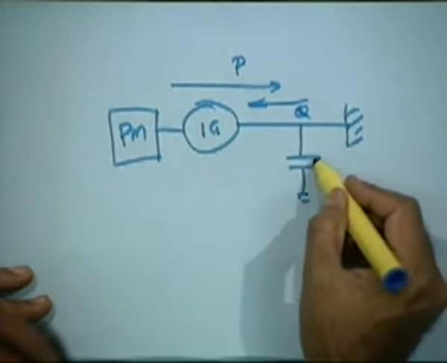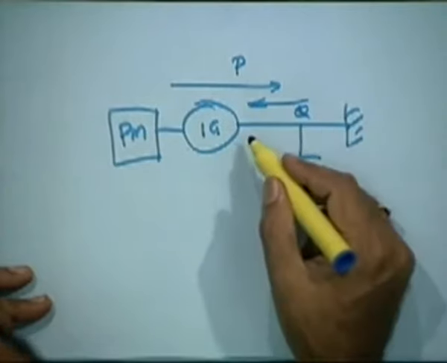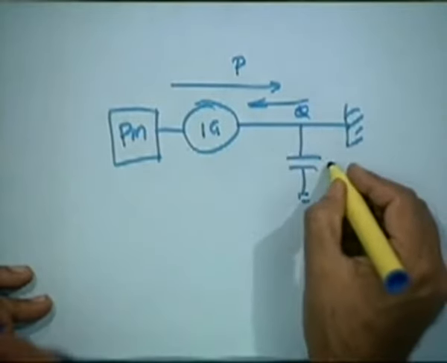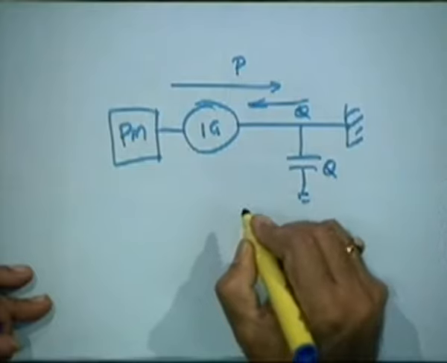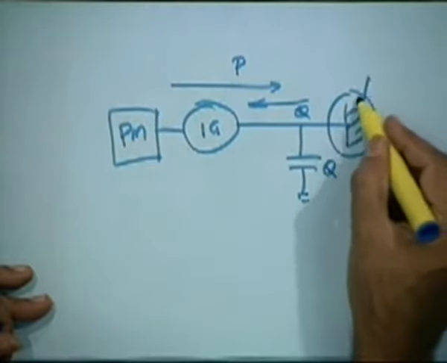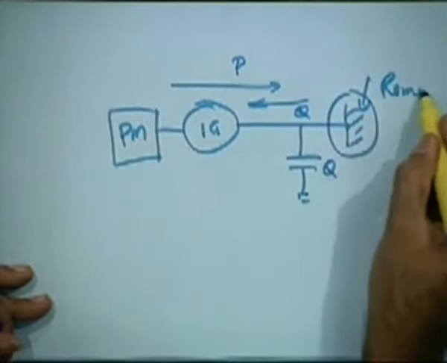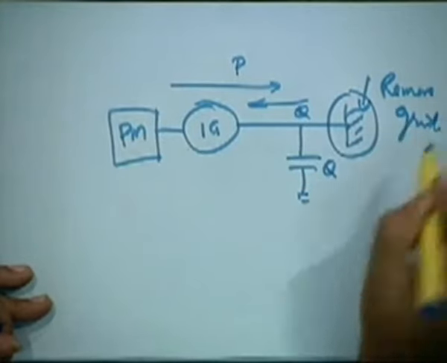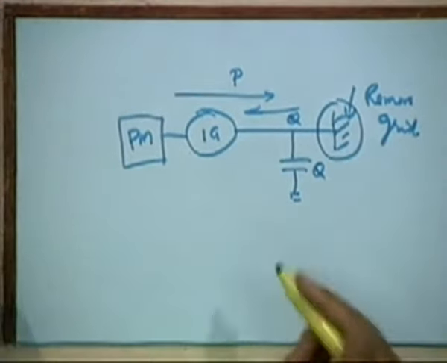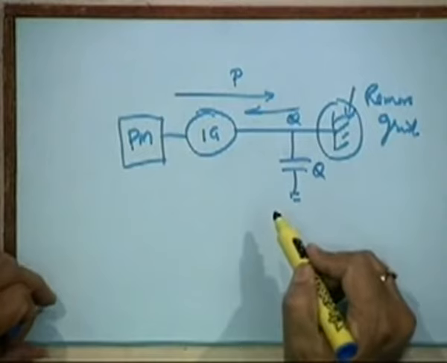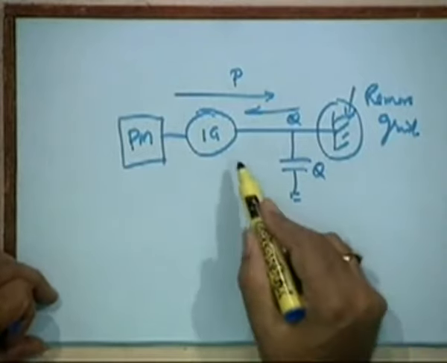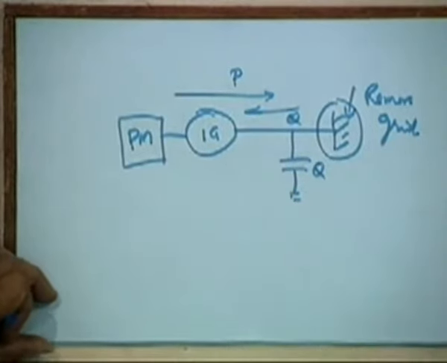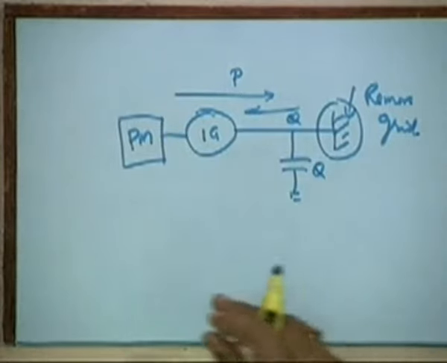But if you put all the Q required from this capacitor itself, then you don't need the grid. So remove the grid. Okay. So you connect a capacitor at the terminal of the induction generator, and that will operate as a self-excited induction generator. Okay.